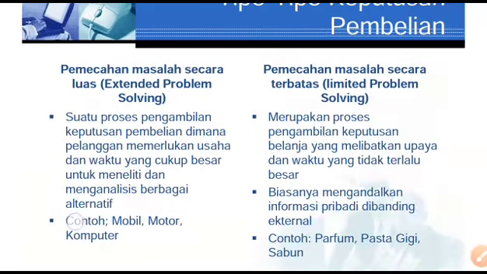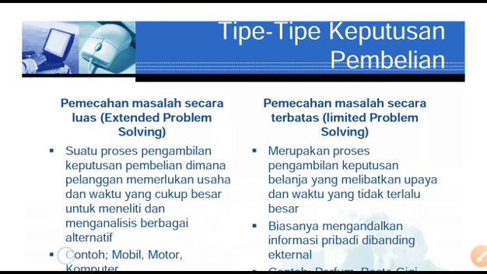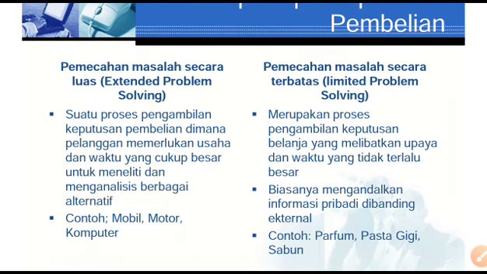Okay, we continue. This is the type of decision. The first is resolve the problem: extended problem solving and limited problem solving, ya. Such as car, motorbike, computer, perfume, toothpaste, and soap, ya.